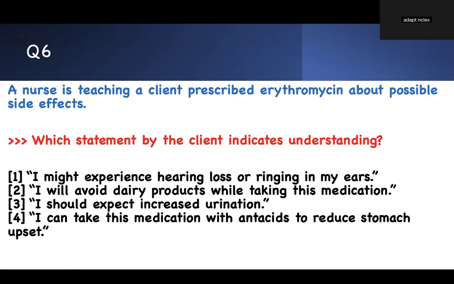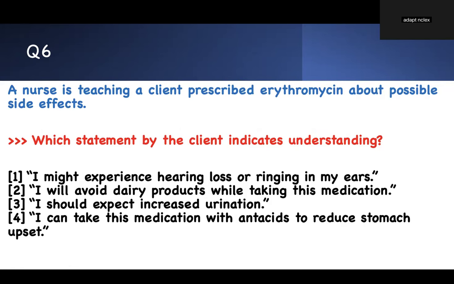But this concept is something I'm giving to you so that when you see a question, you are able to answer it. Erythromycin, when you see it, tell yourself what kind of drug it is. This is a macrolide. What are the things you need to know about macrolides? They cause QT prolongation, and the other thing is ototoxicity. Do you see ototoxicity or QT prolongation there?